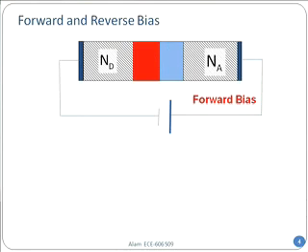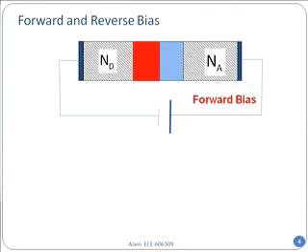Now, the definition of a forward and a reverse bias. How do I know which side is easy for current to flow and which side is not? Let me first define it, and we'll understand the physics a little bit later. The simplest way to remember forward bias is to connect the P side of the junction, the P doped, acceptor doped side, to the P terminal of the battery, P to P. Similarly, the N side of the junction should be connected to the N terminal of the battery.